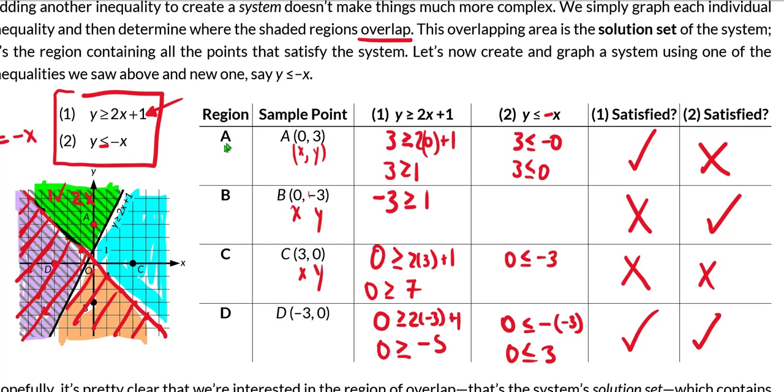So by throwing in a bunch of points from these 4 regions that are created when these two lines or inequalities intersect, we can see that point D, and indeed all of the points in this region, and remember that this region is infinite because this xy plane would go on and on and on, even though we can't see the entire thing here, would contain all of the points that satisfy both inequality 1 and inequality 2, which means that this region is the solution set of the system of linear inequalities.